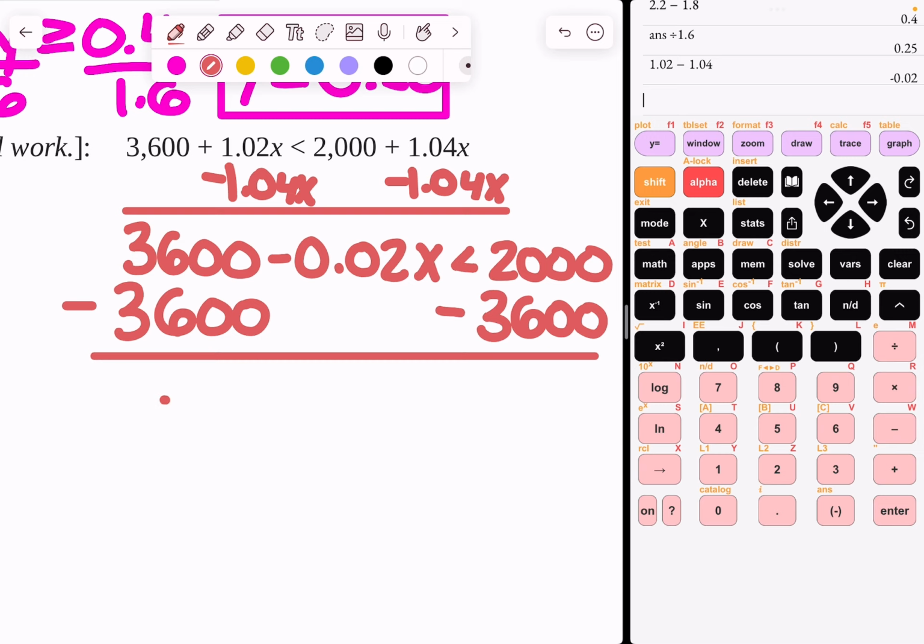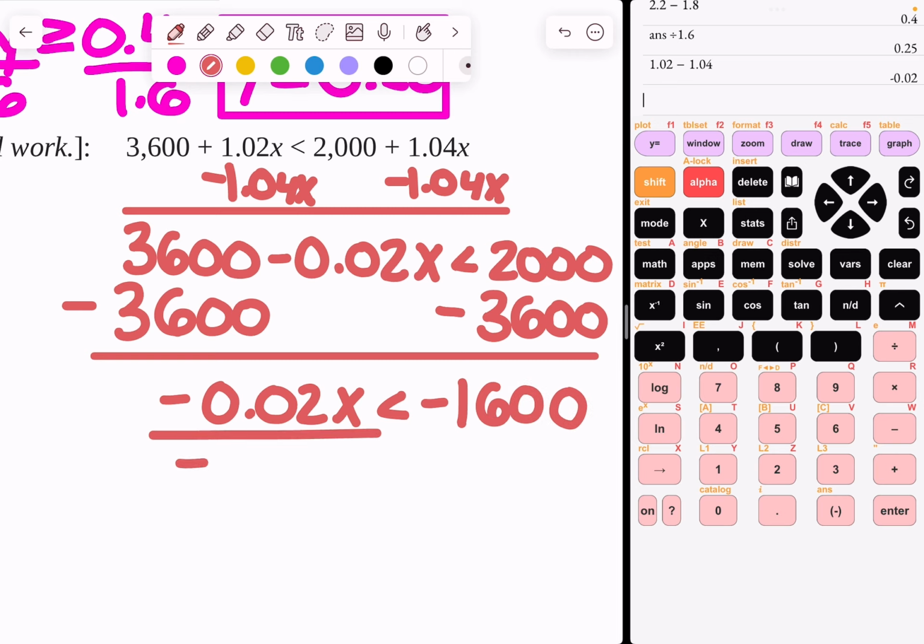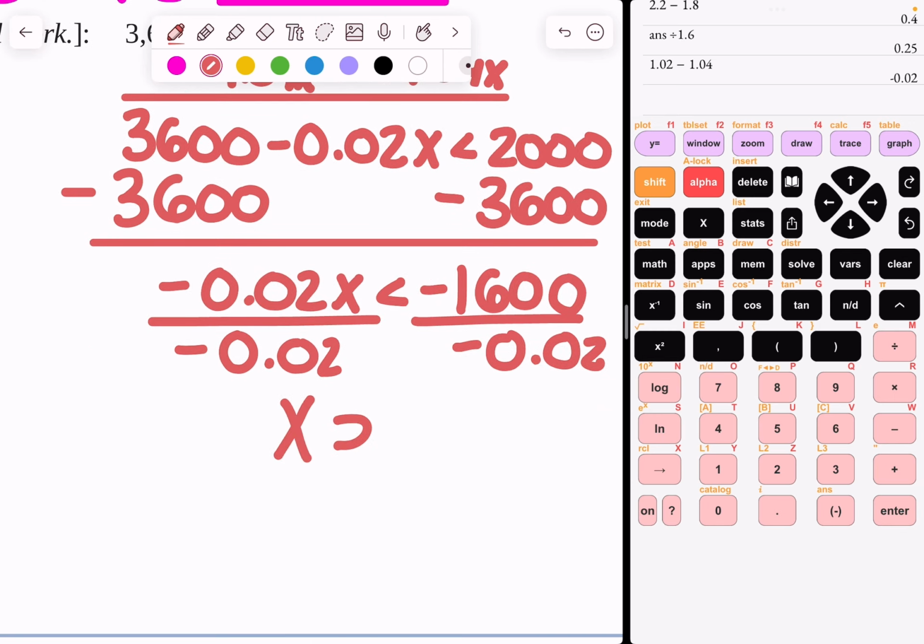I'll get negative 0.02x is less than negative 1600. Divide by negative 0.02. Because I'm dividing by a negative number, I will definitely have to flip my inequality symbol. And let's see what I get when I do this. I get 80,000. Perfect.